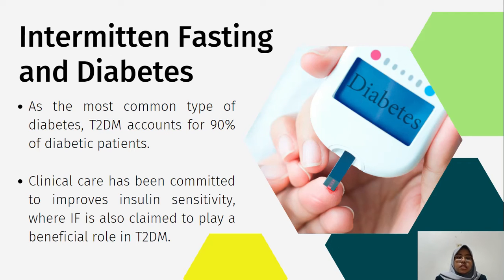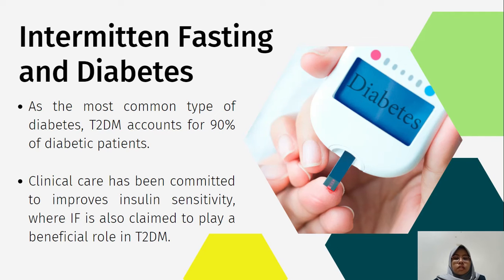Its pathogenesis involves impaired insulin secretion, damage to the beta cells of the pancreas, and insulin-sensitive tissues that fail to respond appropriately to insulin, which means that patients must rely on external insulin.